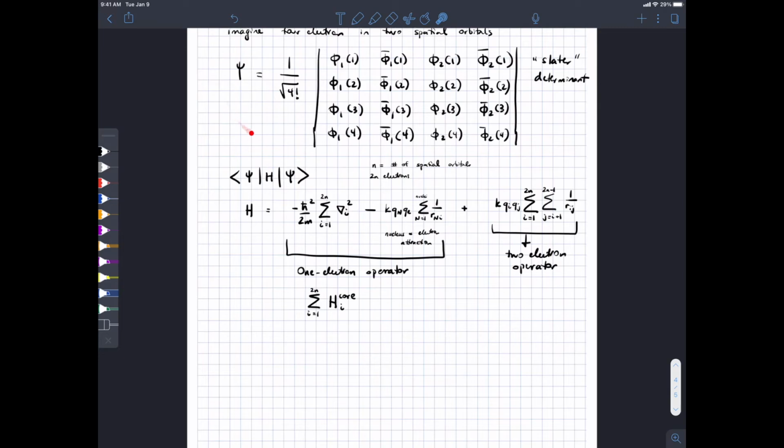We apply the operator to this determinant. We're going to get 2n different equations, one for each wave function. So formulating the wave function as a Slater determinant is a way to take the overall wave function in the molecule and split it up into individual parts that we can deal with individually.